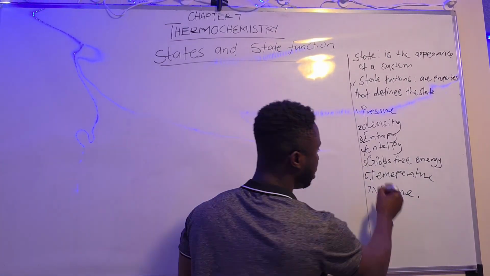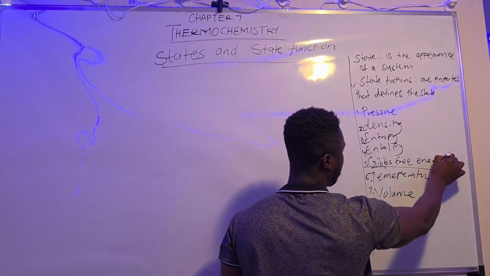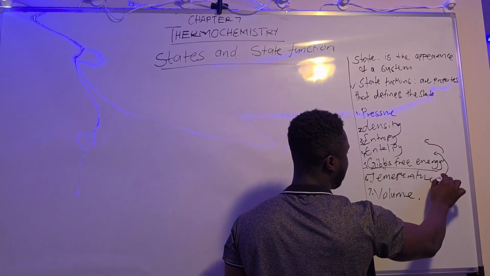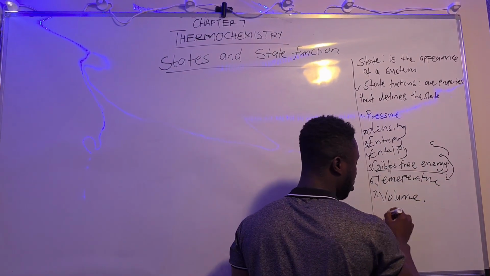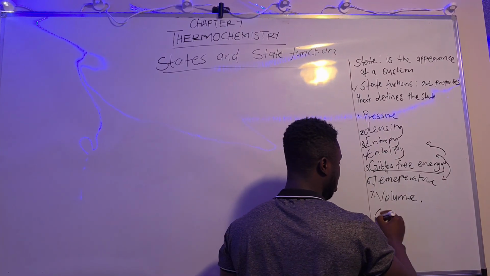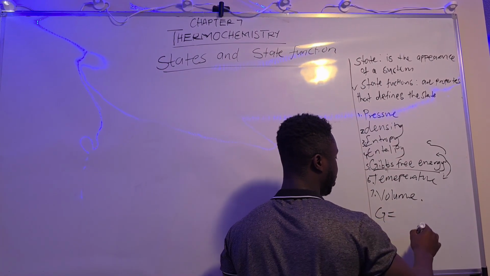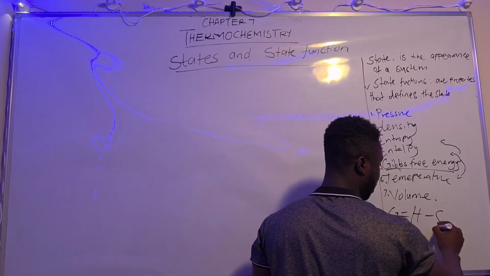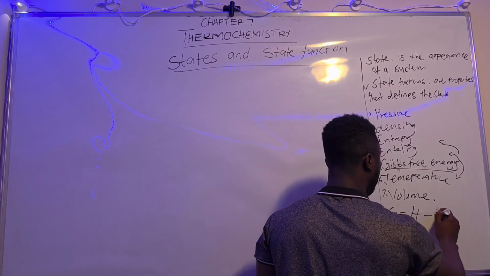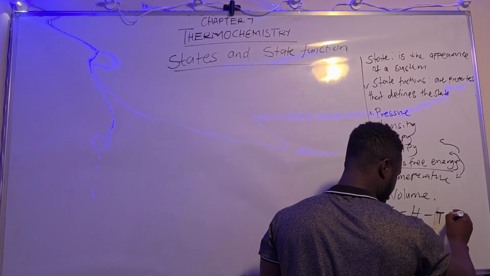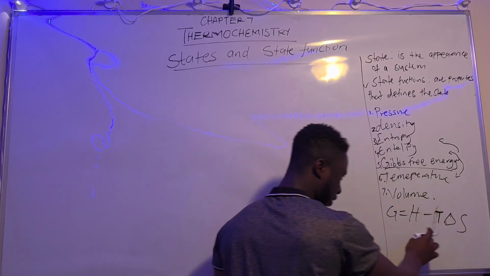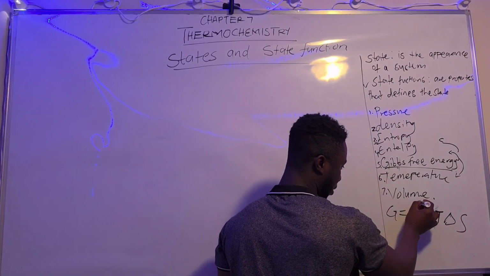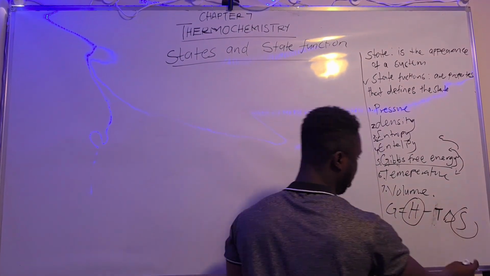For example, Gibbs free energy depends on enthalpy, entropy, and temperature. That is why the formula for Gibbs free energy, G, is equal to the enthalpy minus the temperature times the change in entropy. So it depends on the enthalpy and then the entropy.